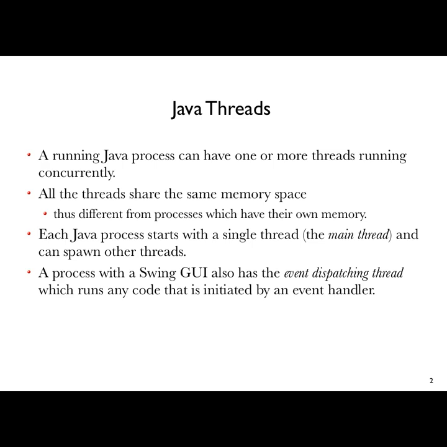Now, if I've got a piece of Java code, I compile it, and then I run it twice on the same machine. So if I open up two terminal windows on the machine, or I suppose it's possible to open up two instances of NetBeans. I'm sure you can run a program multiple times.